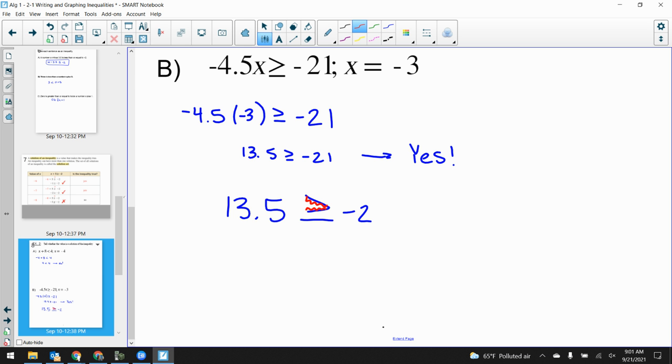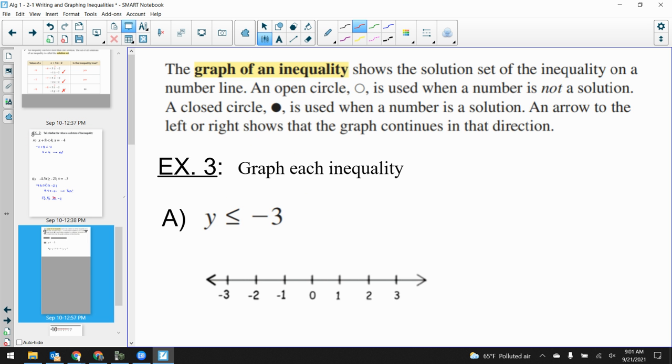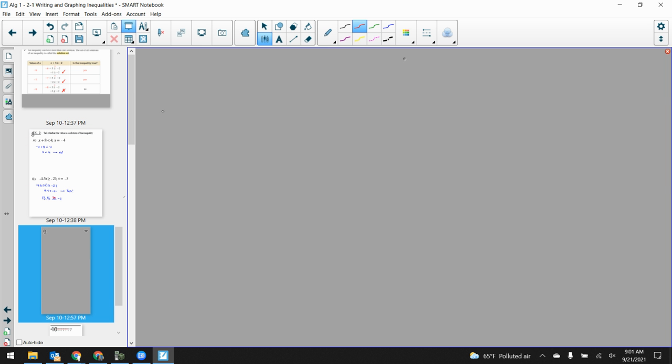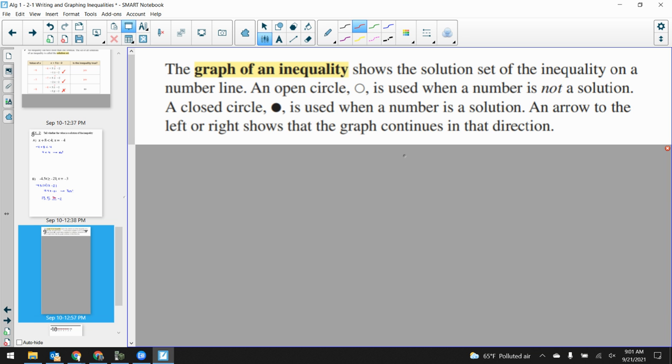All right. So we learned what an inequality is, how to write one, and how to tell if something is a solution. And now what we're going to look at is how we graph it. Thinking back to graphing, you remember the whole deal with the open circle or the closed circle? The closed circle means that's the or equal to.